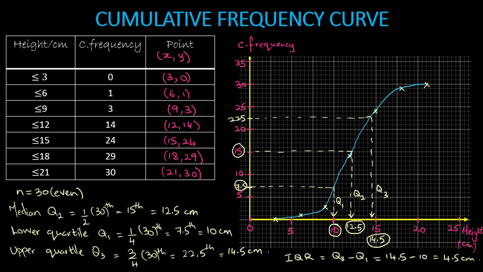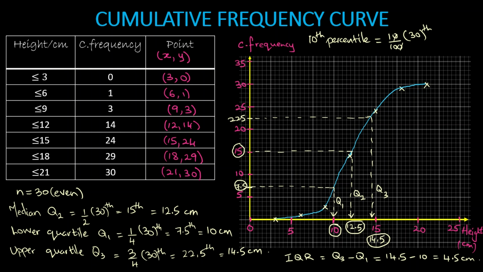Right? Sometimes you will be told to find a percentile. Say for example, we need to find the 10th percentile. The 10th percentile comes from the word percent, meaning 10 over 100 of the total, which is 30.